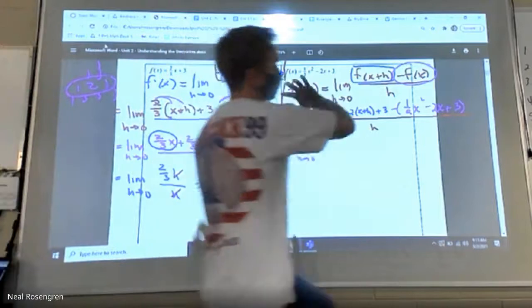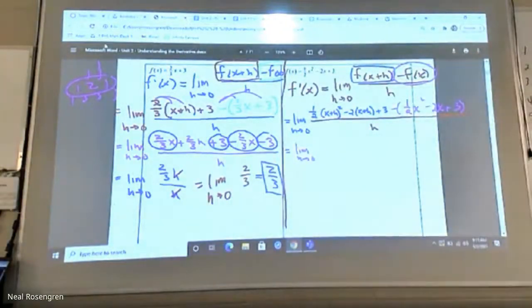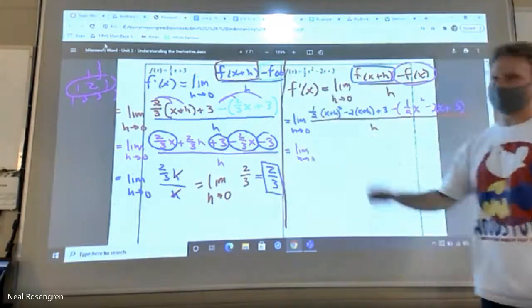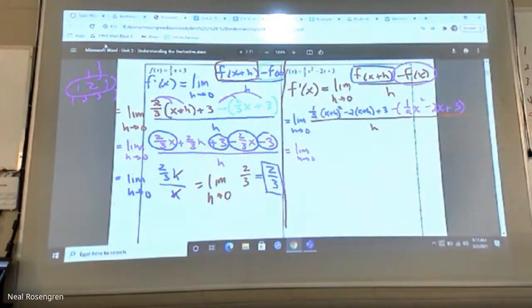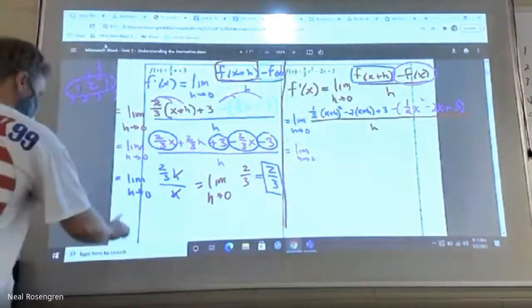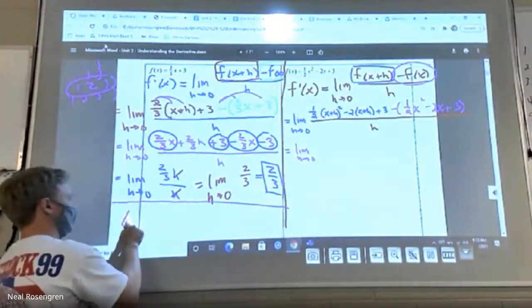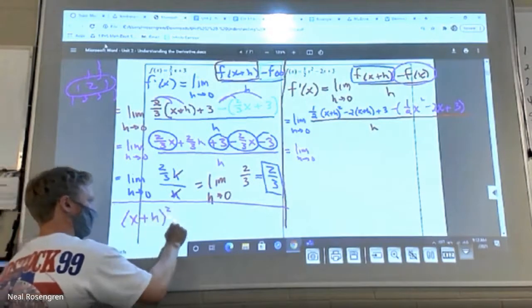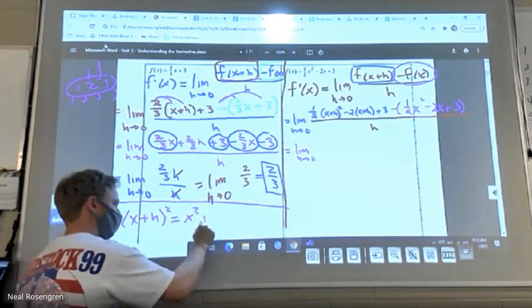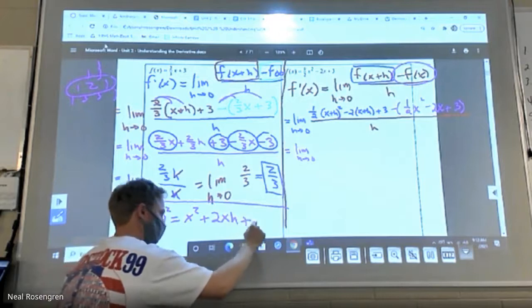But I would do it over here, right? Find some separate space outside of your derivative so that you can simplify what that looks like. And in case you need it, x plus h squared is x squared plus 2xh plus h squared.